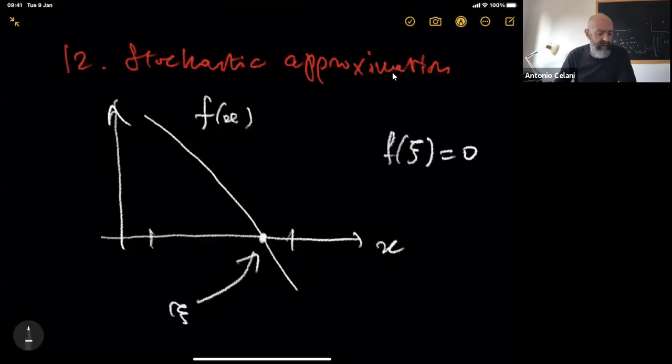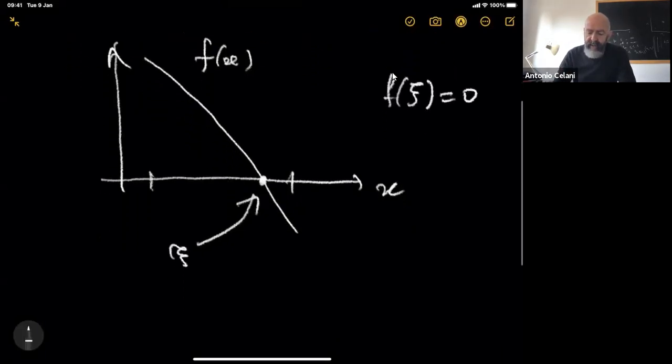Okay, so to warm up, let's first discuss the situation in which f is accessible. Okay, so you can query for the value of this f function. So the game is the following. Suppose that I act as an oracle.